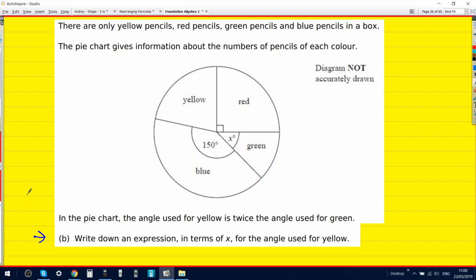Would it be x divided by 360? Yellow is twice green. Green is x. So would you have to work out what green is first? No. In terms of x should be in your answer. Is it 2x? 2x is correct. Yeah.